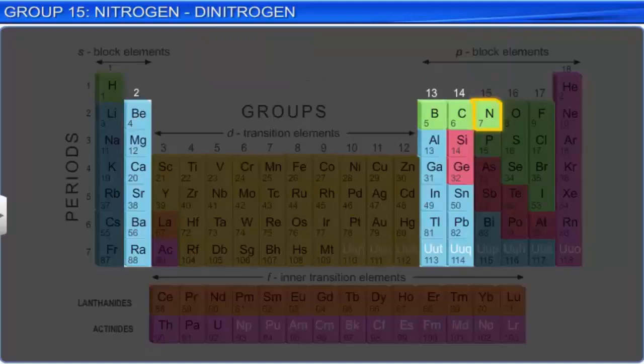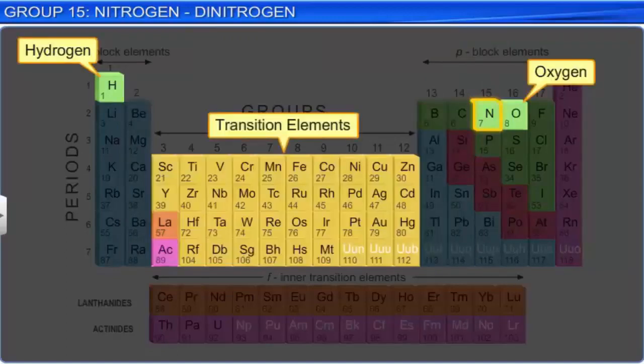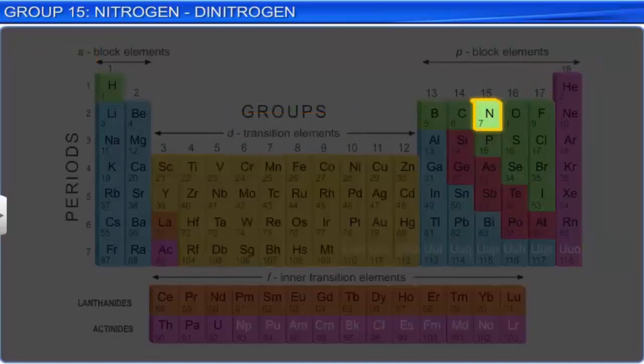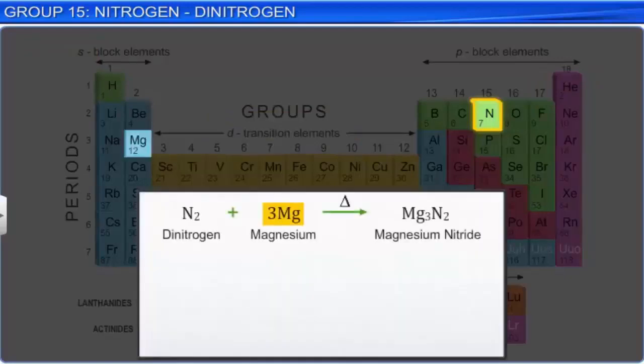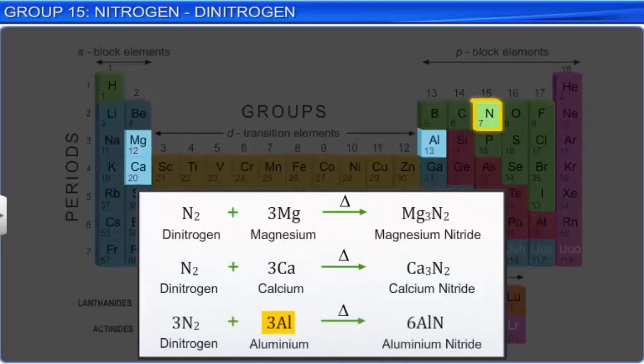It also reacts with hydrogen, oxygen and certain transition elements. At high temperatures, dinitrogen reacts directly with metals such as magnesium, calcium and aluminium to form the respective nitrides.